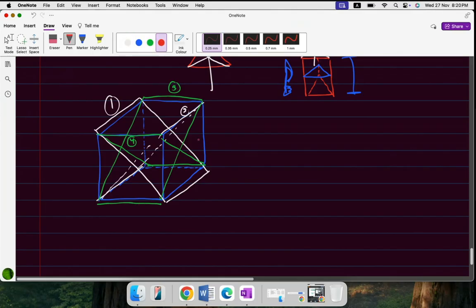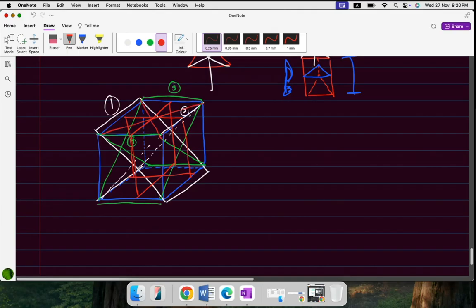Now, fifth plane, I'm drawing it on the top like a line of symmetry. This is the fifth one which will go down throughout. Sixth plane in horizontal direction, and 7 and 8 in diagonal. So this is 7 and this is 8.